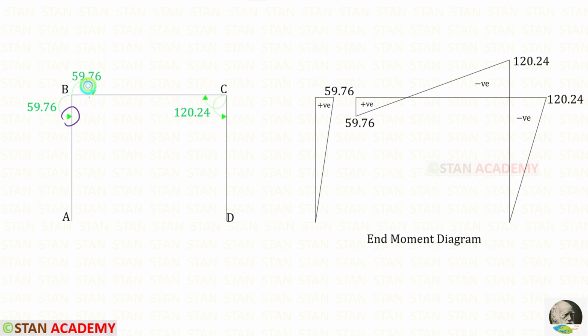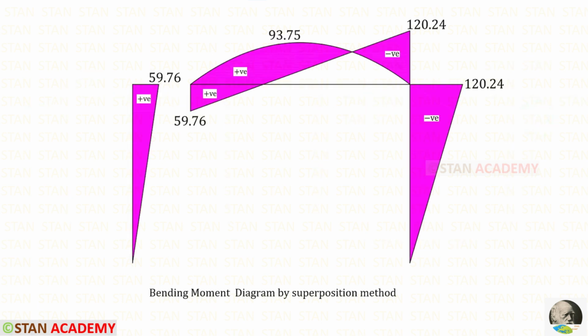Using the direction of arrows, we can draw the end moment diagram. The sagging moment will be positive and the hogging moment will be negative. Then we can combine both of the diagrams so that we will get the bending moment diagram.